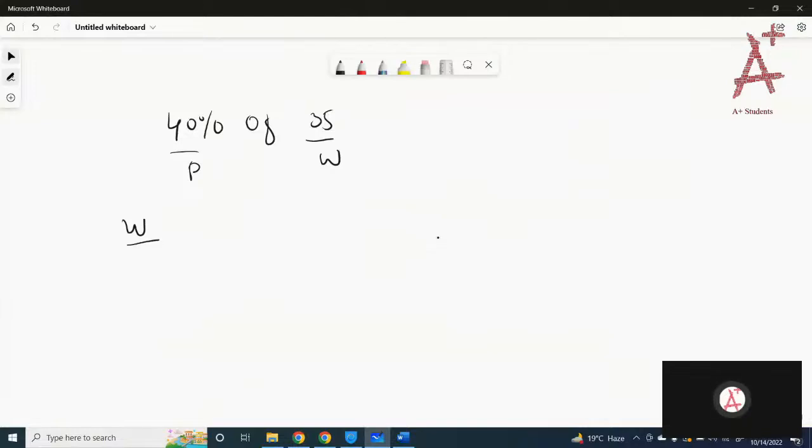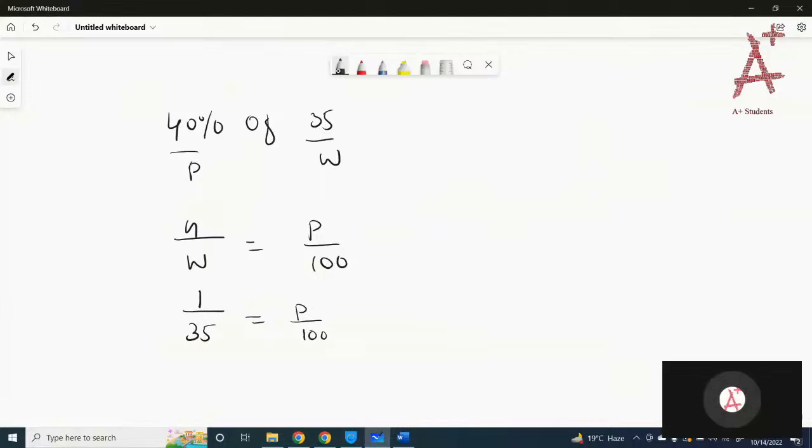So it would be n divided by the whole number, and that equals percentage divided by 100. It would be n over 35 equals p divided by 100.